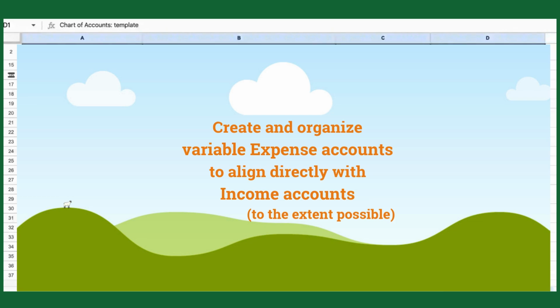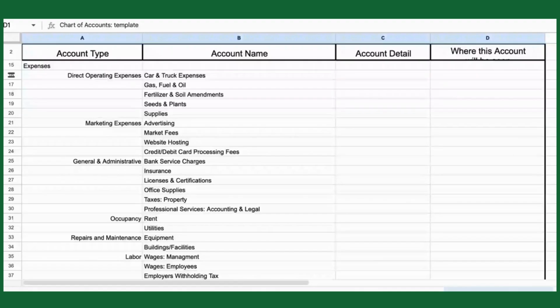Or is it the profitability of certain market channels like your CSA versus wholesale restaurants? You can create children and even grandchildren expense accounts that allow you to see in your income statement the costs that are directly associated with certain income streams. I have a good illustration back in our Entropy Farm chart of accounts slide. Let's go look at that.